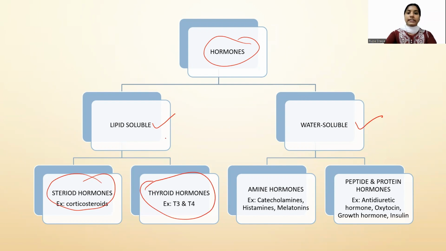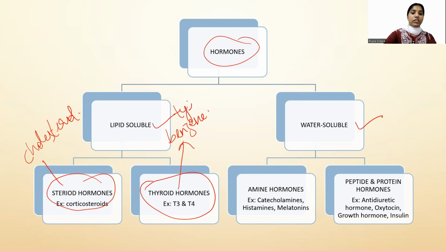Because of the structure of benzene in their formation. Steroids are derivatives of cholesterol. Thyroid hormones contain tyrosine.